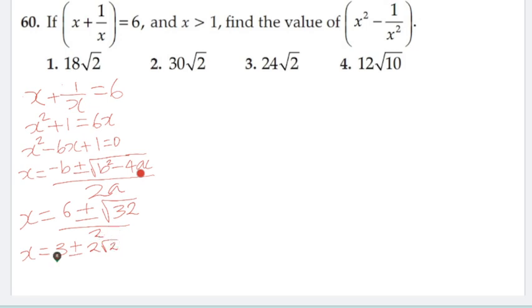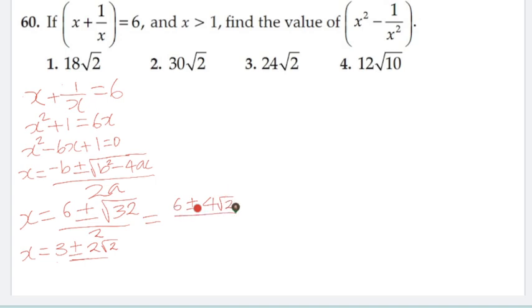So what I'm saying is this will become 6 plus or minus 4 root 2 divided by 2.